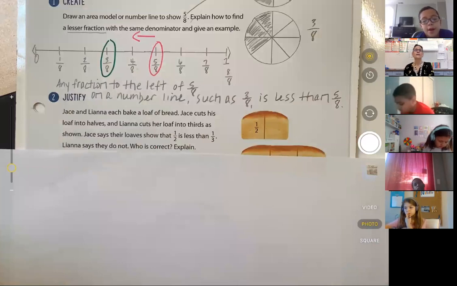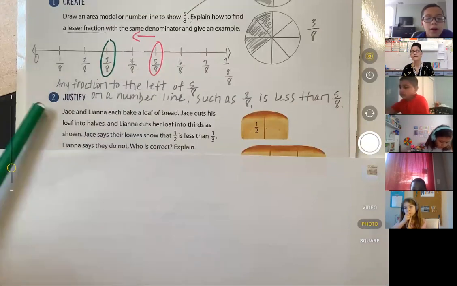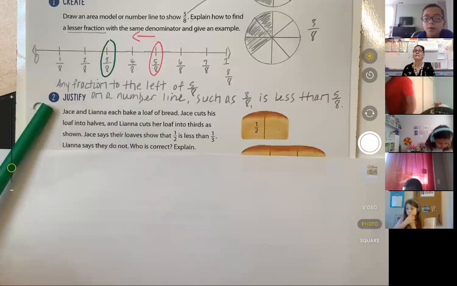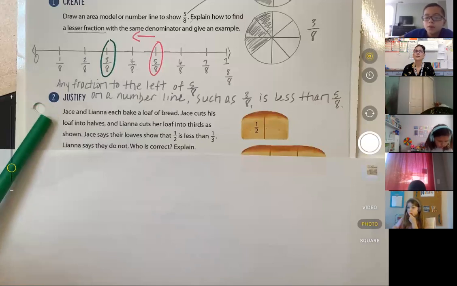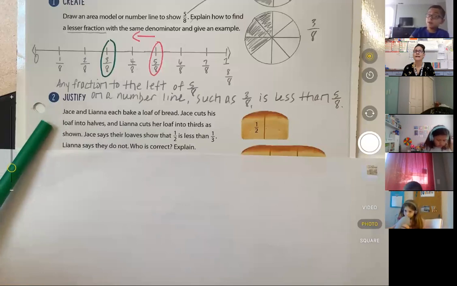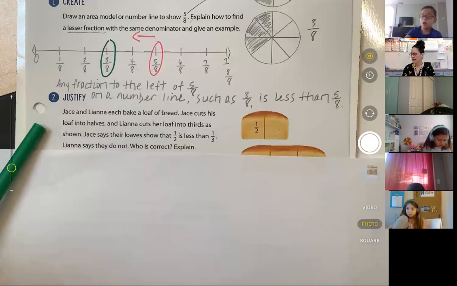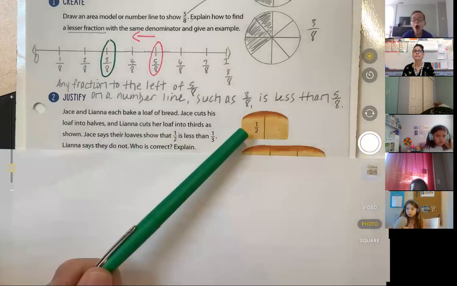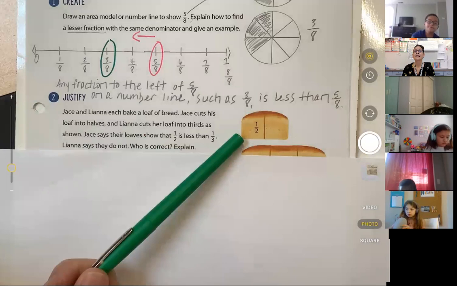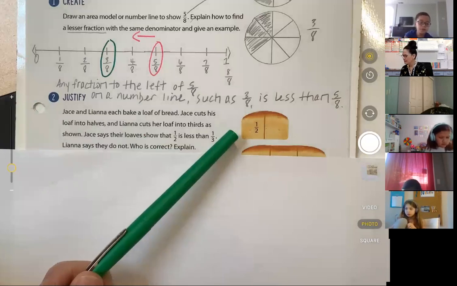And here's question 2. Question 2 on page 531. And it says to justify. Here we go. Jace and Leanna each bake a loaf of bread. Jace cuts his loaf into halves, and Leanna cuts her loaf into thirds.